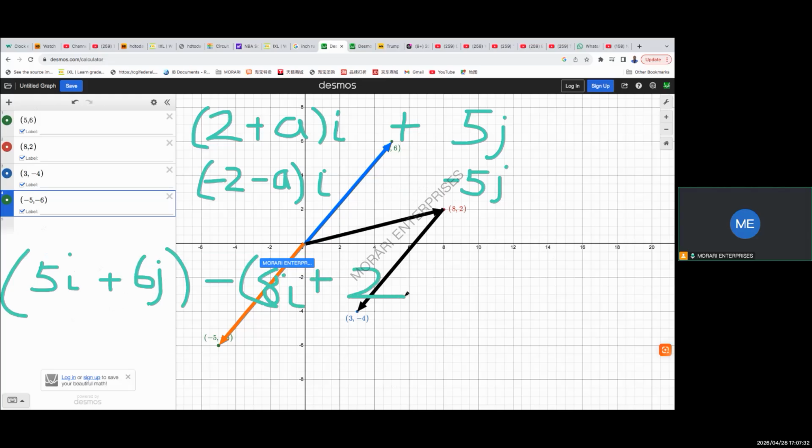Bracket helps us to see things, because this is a vector. You are subtracting the vector, and the vector is not just one thing. If it was one thing, you would just put your minus here, and your minus would just affect 8i. It would not affect 2j. But your vector is this unit. So again, use your bracket wisely.